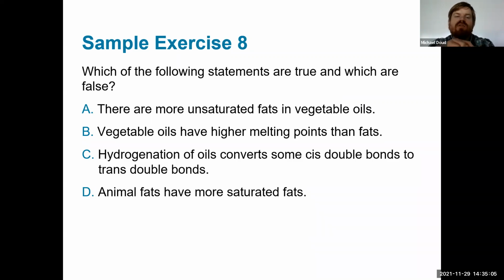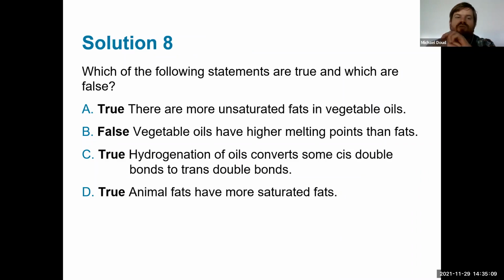Okay, let's take a look here. First off, are there more unsaturated fats in vegetable oils? Yes, that is true. Remember, unsaturated fats means the ones that contain double bonds. So the saturated tend to be animal fats, the unsaturated tend to be vegetable oils. Next up, vegetable oils have higher melting points than fats. That's clearly false.